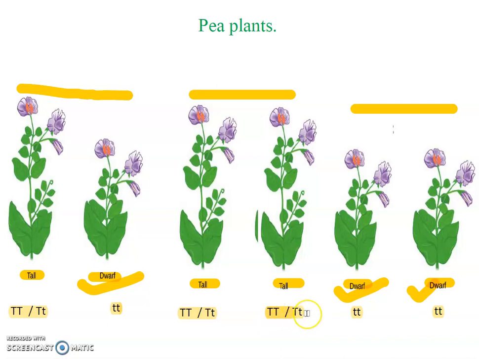It may be pure or it may be hybrid. So to find out whether it is pure or hybrid, a test is performed. That test is called a test cross. To identify the genotype of this plant, whether it is pure or hybrid, we perform this test, called the test cross.